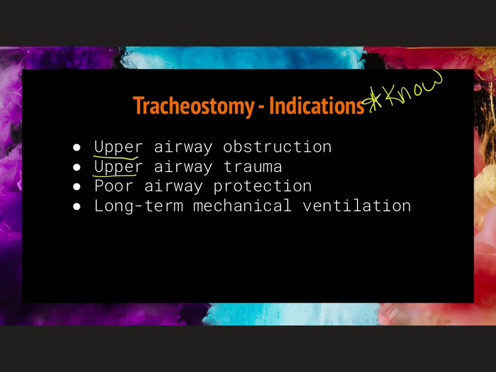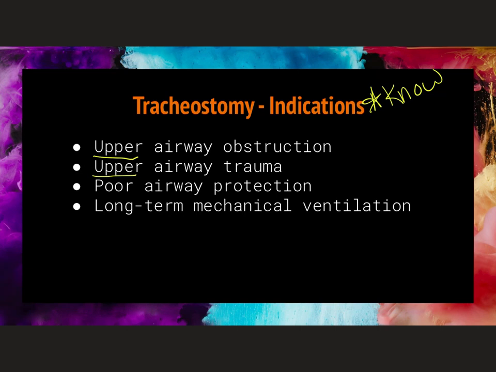So, poor airway protection. As time goes on, this can be your older patients who are just getting older. They do swallow evaluations, and this might be an indication that they are getting lots of infections or pneumonias because they're slowly aspirating.